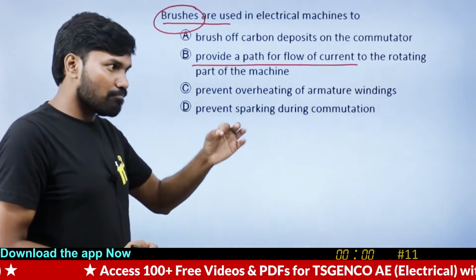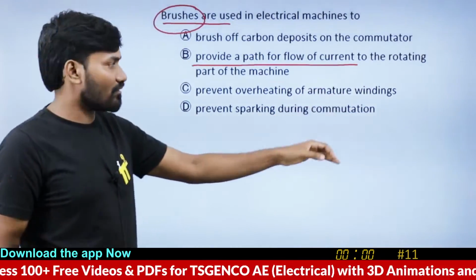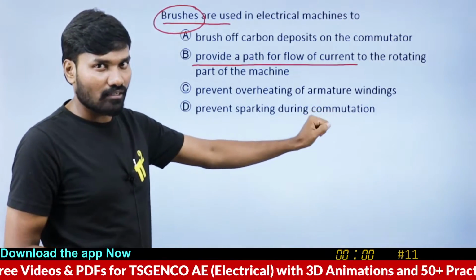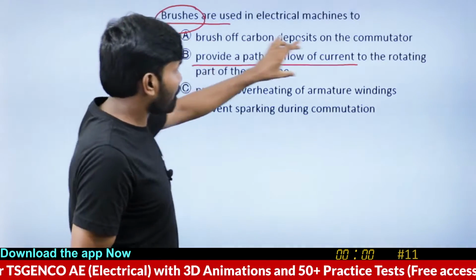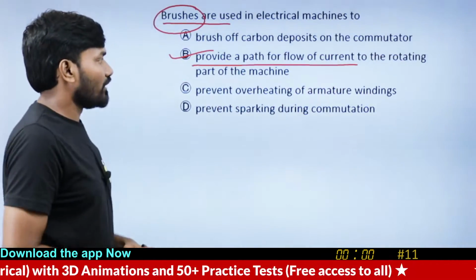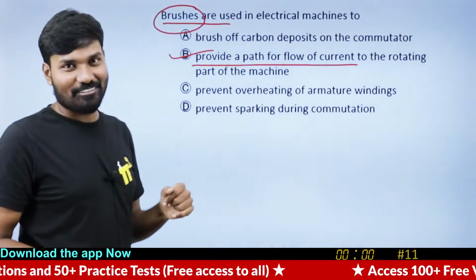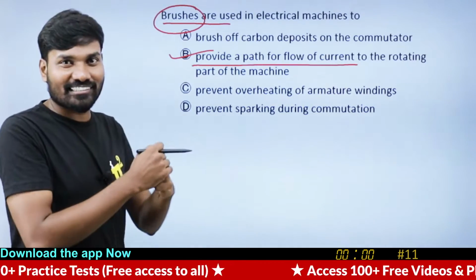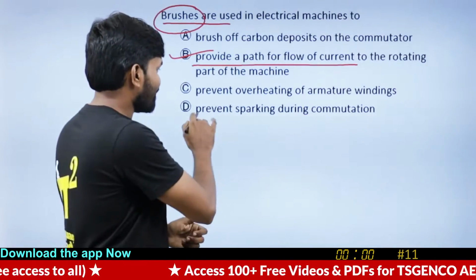The purpose of putting the carbon brush could be this in case of a DC machine, but normally brushes are meant for this purpose. Answer is B. Prevent overheating? It will cause heating. Friction, rubbing action, there is a heating problem. No. I think this point is also clear.